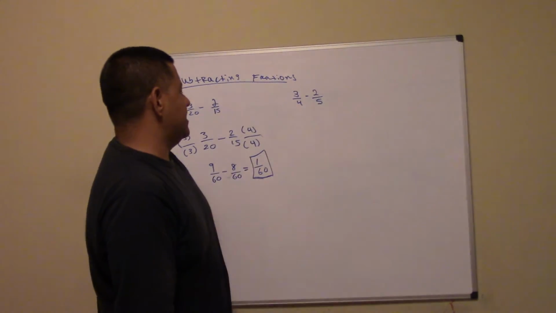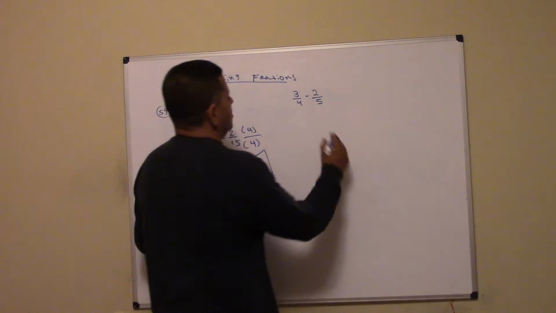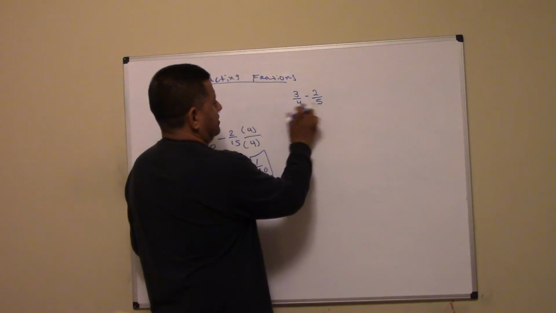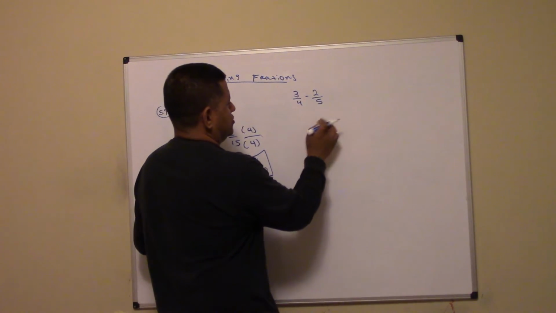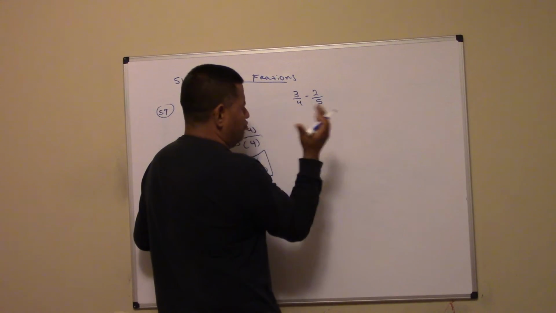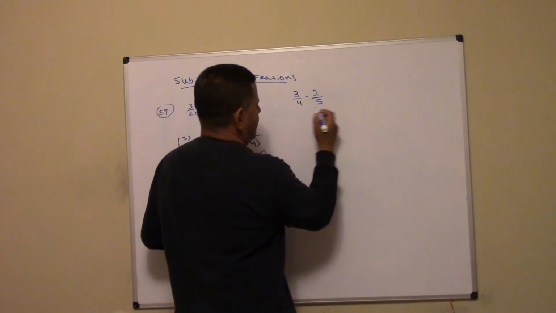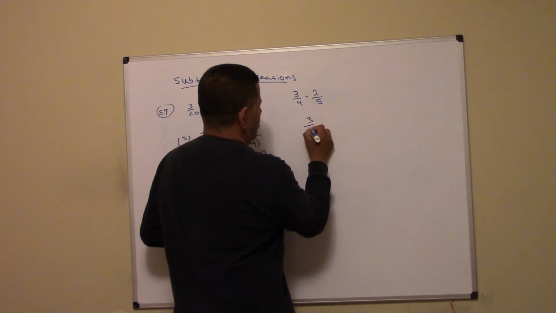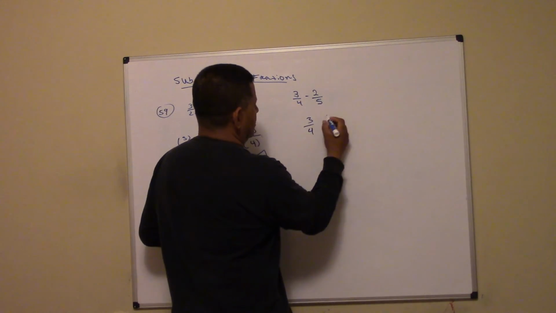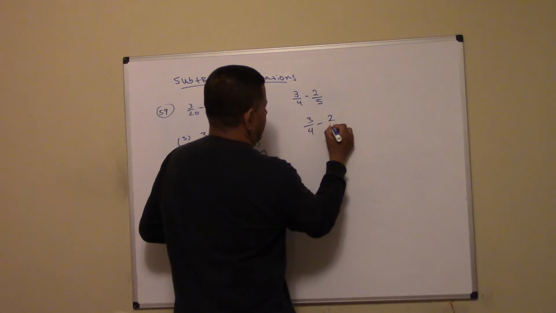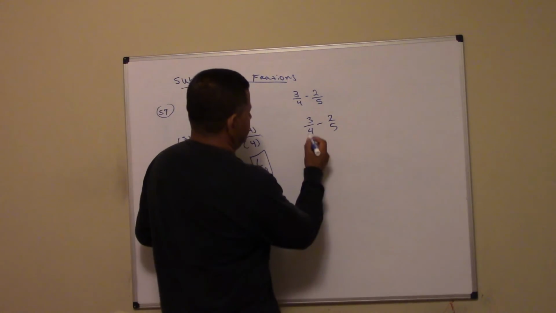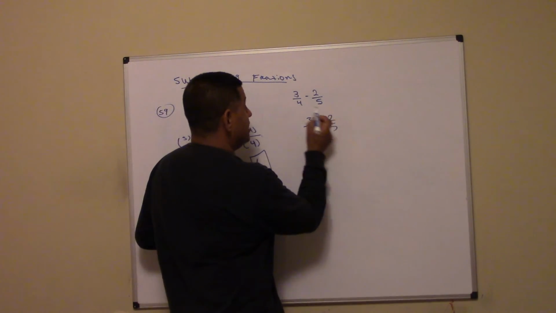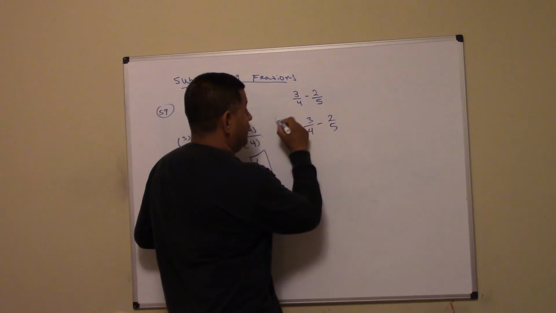Okay, so let's do this one. In this one I got a 5 and 4, right? So what will be the common denominator? We're still looking for the multiples of 5 and 4.